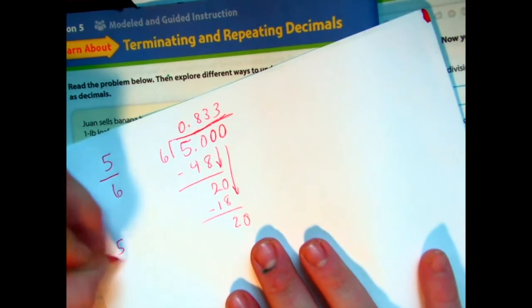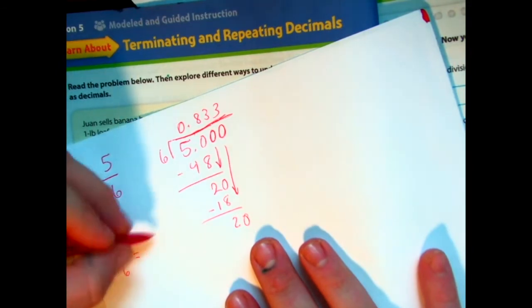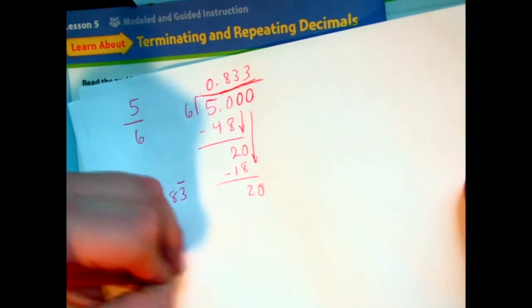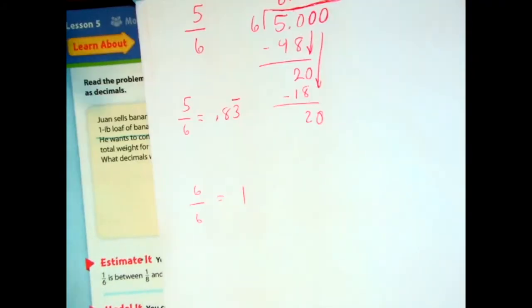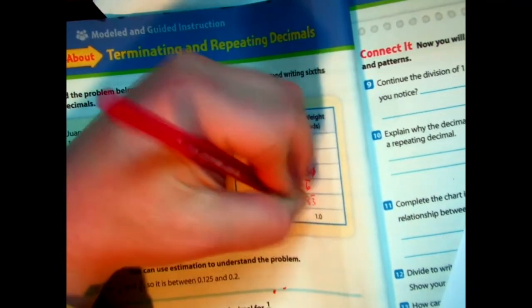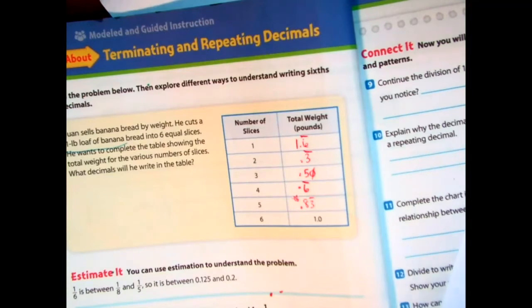So 5/6 equals 0.83 repeating. Got it? Good. And then obviously 6 divided by 6 is equal to 1, right?